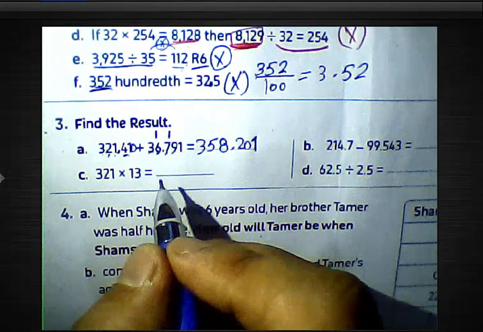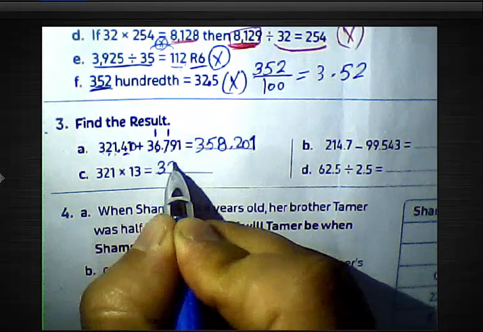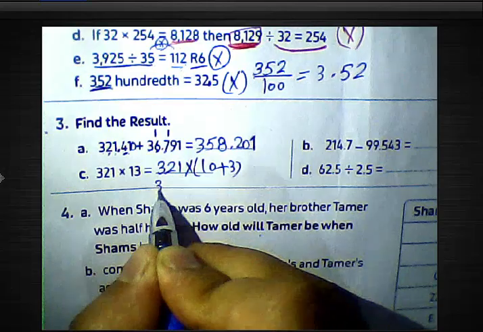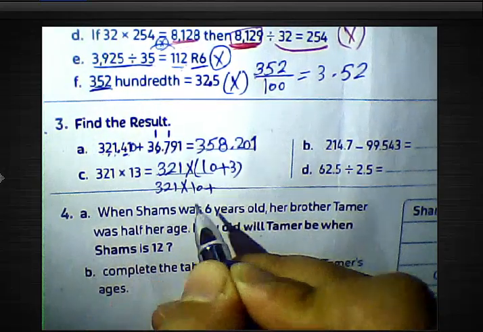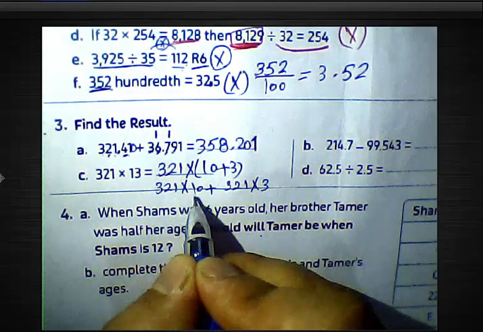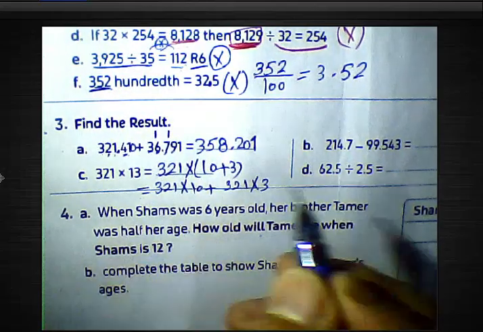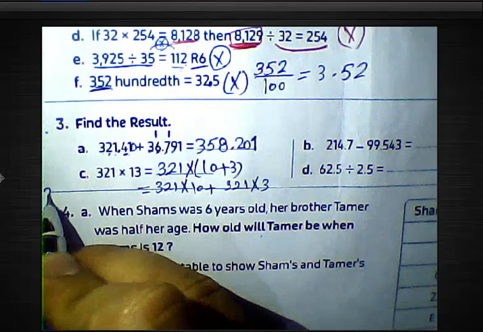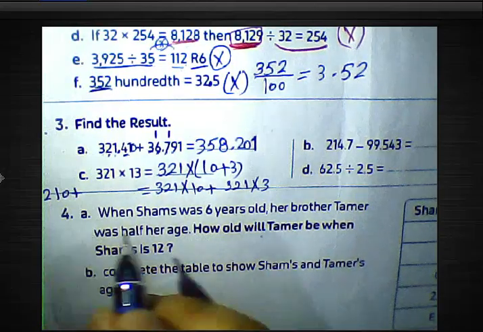Okay? What about 321 multiplied by 13? We can use the distributive property for this example. 321 multiplied by 10 plus 3. We write 321 multiplied by 10 and 321 multiplied by 3, and then add the results. We know 321 multiplied by 10 equals 3210. Put 0 behind it.